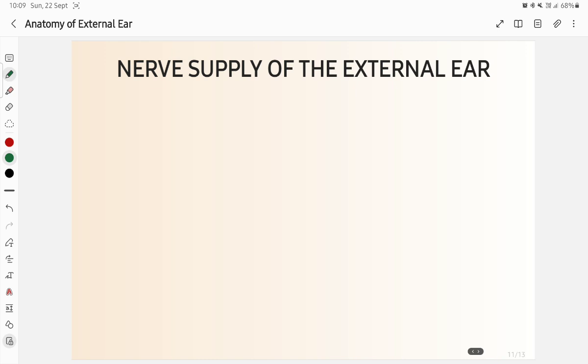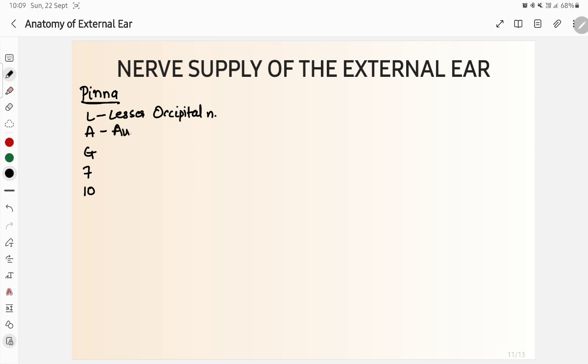The next topic is the nerve supply of external ear. The pinna, first we will learn about the pinna's nerve supply. So the nerve supply of pinna can be learnt by a mnemonic, that is LAG 7 10. LAG 7 and 10. So L stands for lesser occipital nerve.